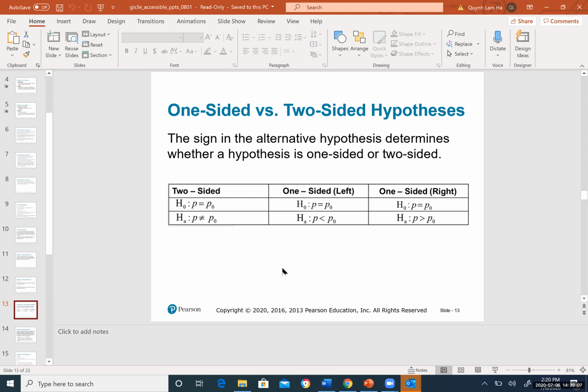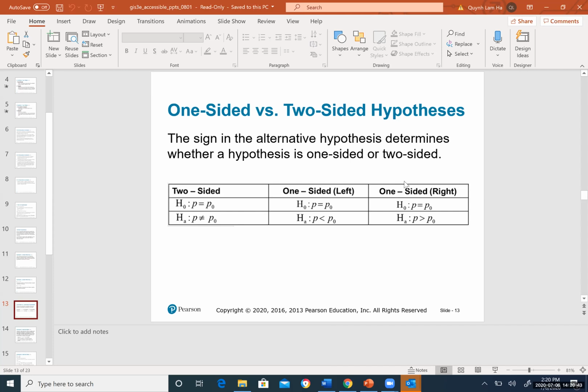In case 2, they talk about one-sided, the left side. For the left side, you notice the null hypothesis stays the same, but the alternate hypothesis will be different. For the left case, which is the previous example talking about a decline, this would be HA colon p less than p naught, and you can replace it with 0.61 in this case.